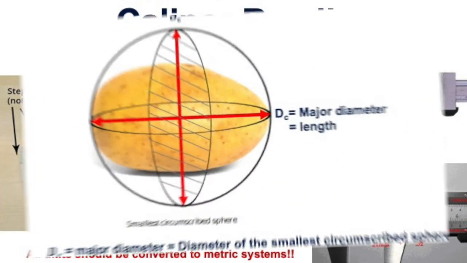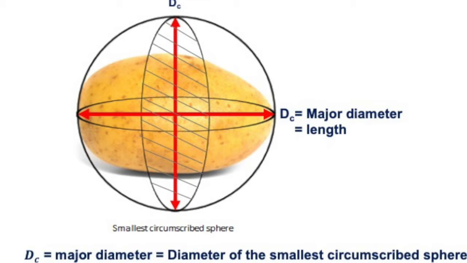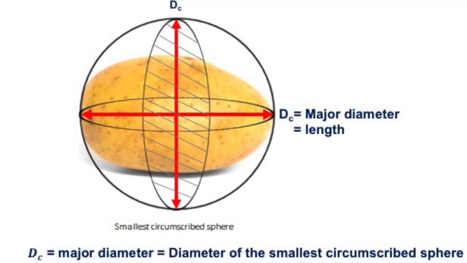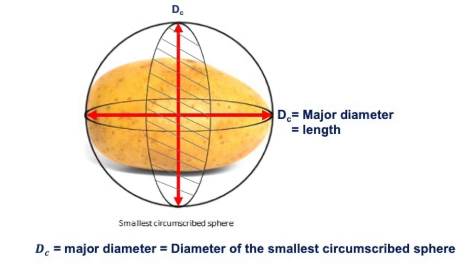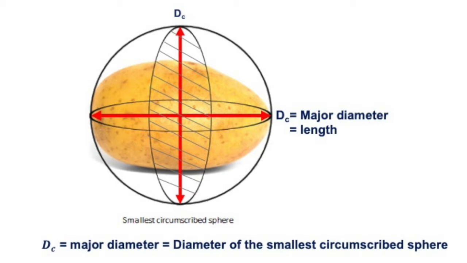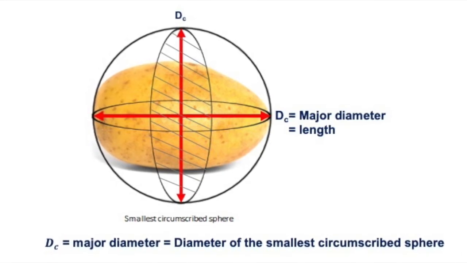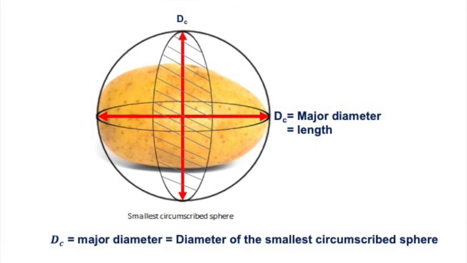Before measuring, we need to know what the three dimensions of a potato are. A potato has one and only one smallest circumscribed sphere. The diameter of this smallest circumscribed sphere is called the major diameter of the potato, which is equal to the length of the potato.